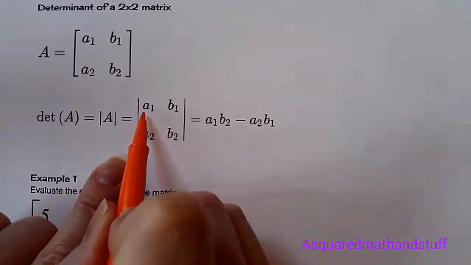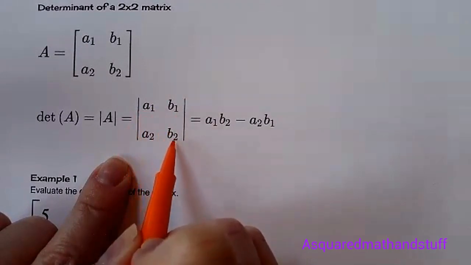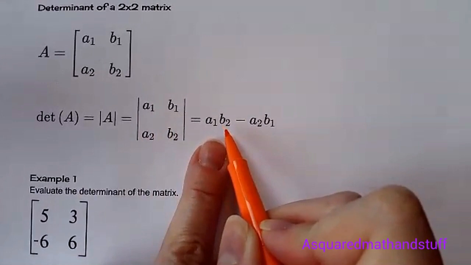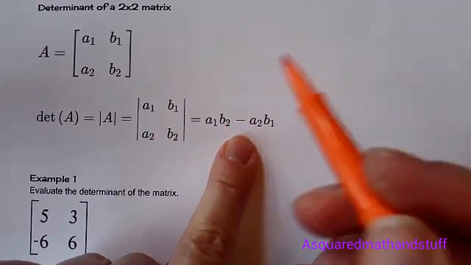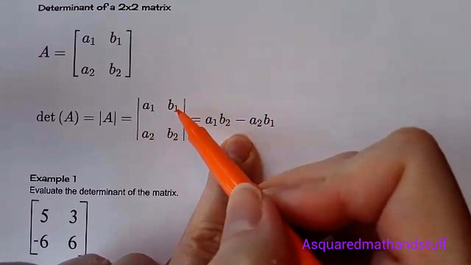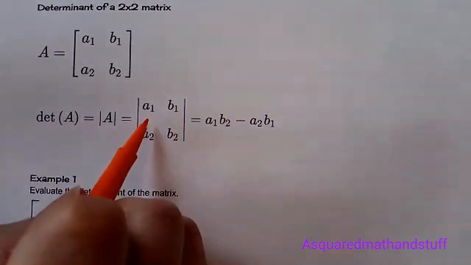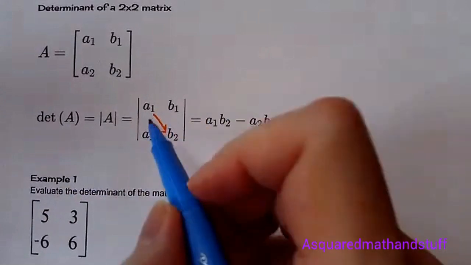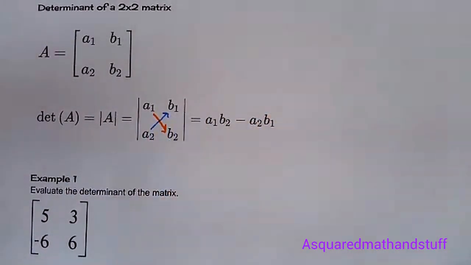So to calculate this, we would take A1 and multiply it by B2. That would be our first value that we'd work with. And then we subtract A2 times B1. So again, we're looking at A1 times B2 minus A2 times B1. So it's this crisscross system.